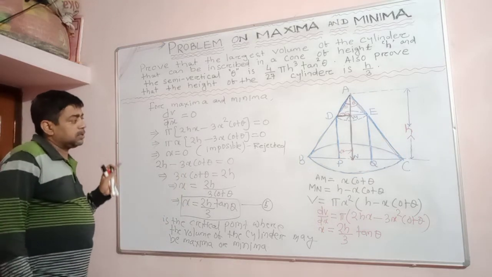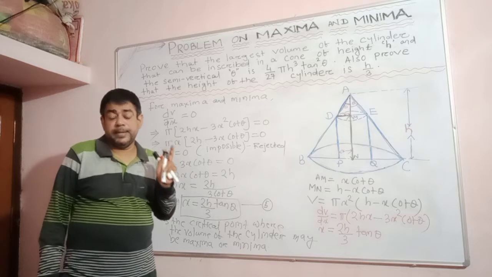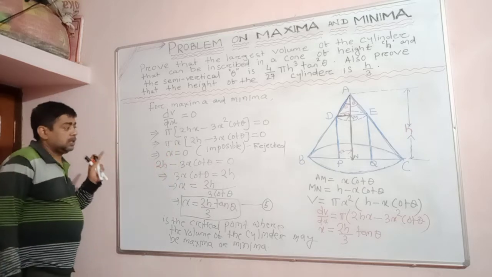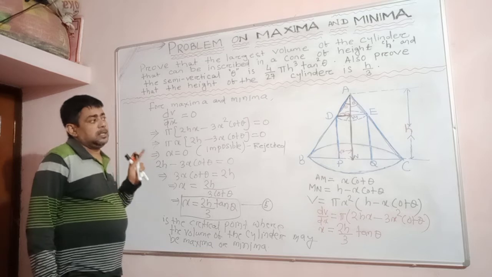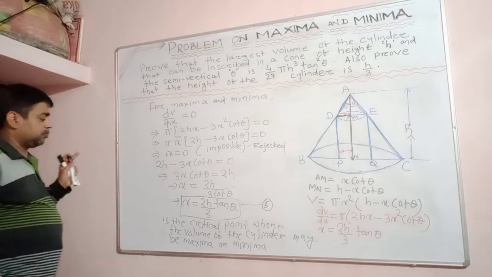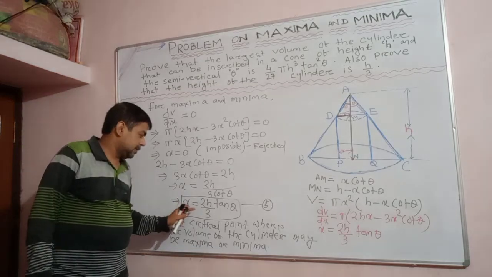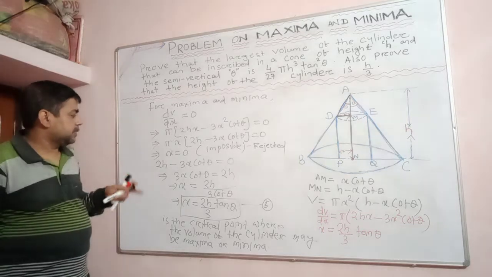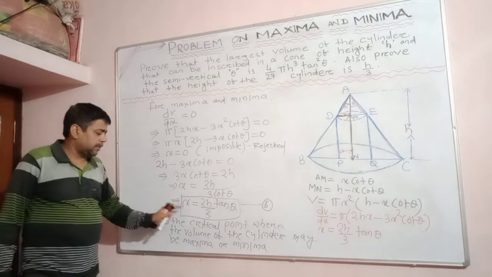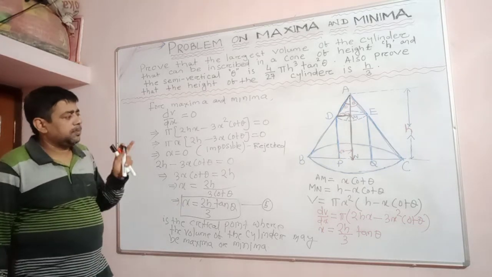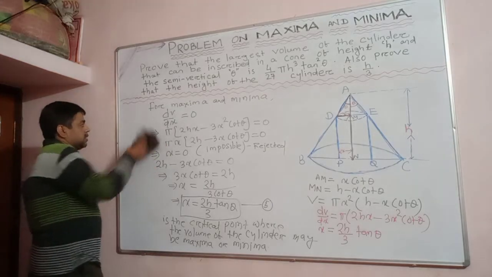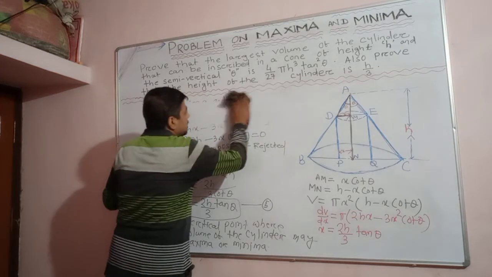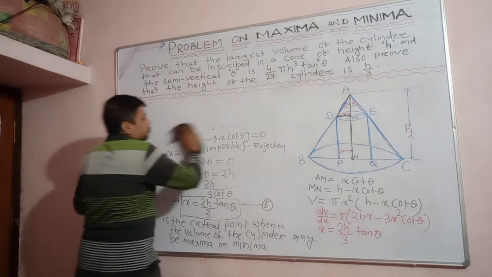If the value of the second derivative is negative, then the function will be maxima, and the cylinder is the largest cylinder that can be inscribed. Okay, we can prove that. If the value of the second derivative by putting the value of x is negative, then the function attains maxima, and the volume of the cylinder is maximum. We can prove. Let's see.